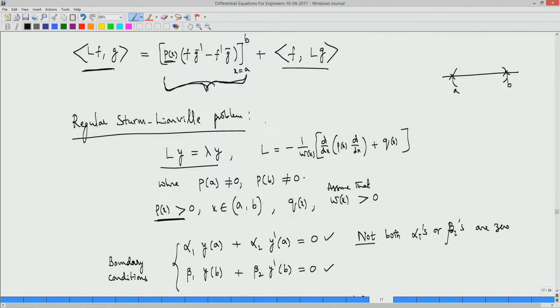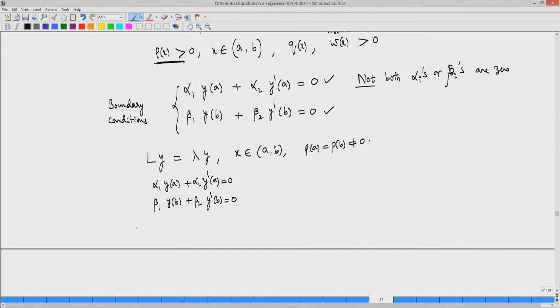So let us consider two solutions. Let y1 of x and y2 of x be two different solutions of the above system. System means a differential equation with the boundary condition. This is your system.